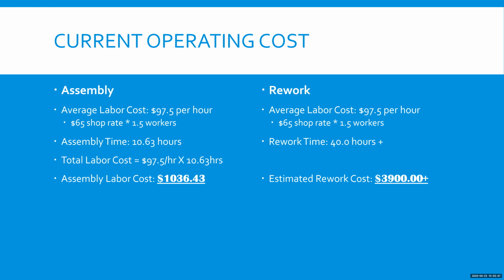And then we also calculated the rework, which we were given to be around 40 or more hours. And so we did the same thing there, which is multiply the labor cost, because it also takes 1 to 2 people, by 40 hours and came up with at least $3,900, potentially more, for reworking.